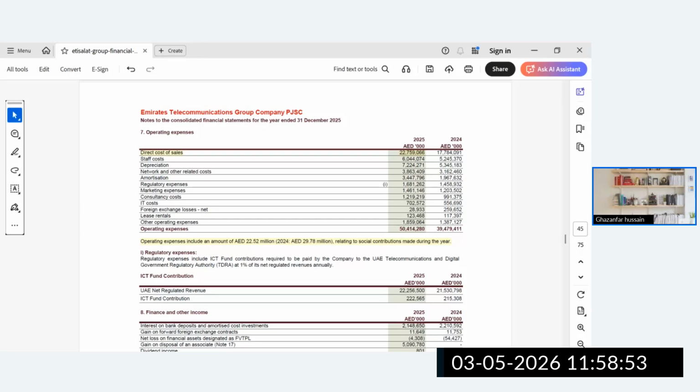Because for the contribution to social contribution, we have another specific field we have to add over there. Please quickly work on that and take the figure.